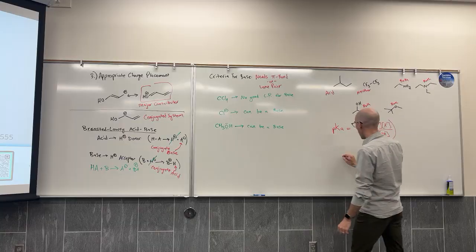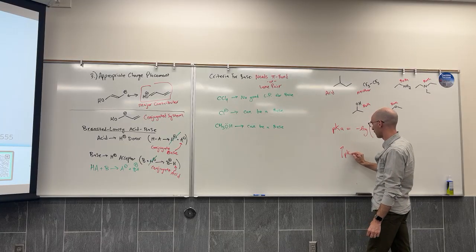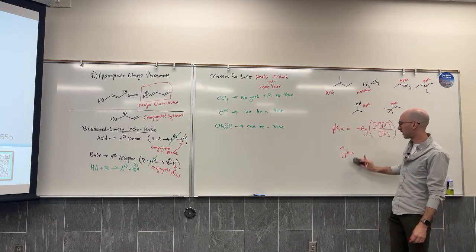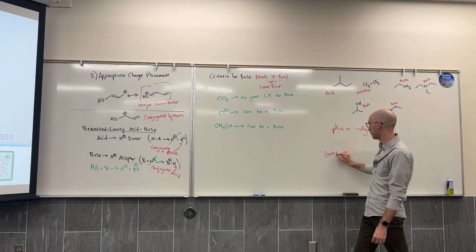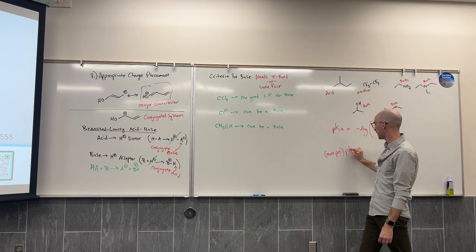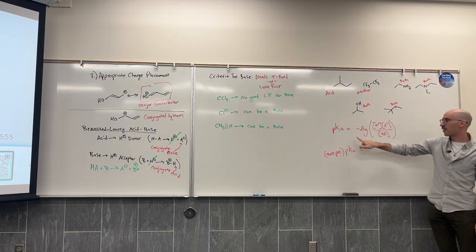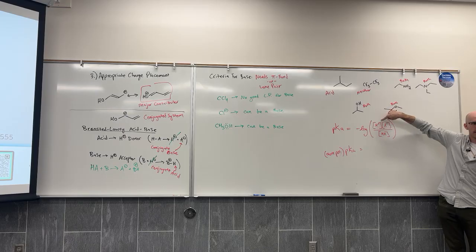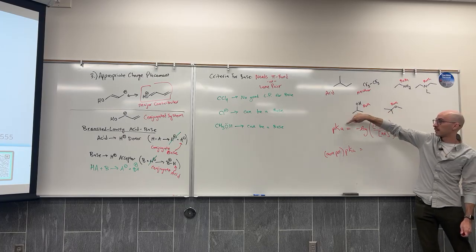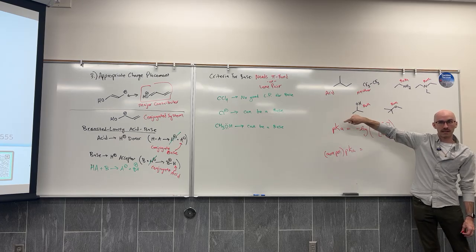A more positive pKa, actually, I'm not even going to say larger pKa. I'm going to say more positive pKa. No, because if pKa is opposite the log, the smaller this number is on top, meaning the worse the acid is, then the more positive the pKa becomes.